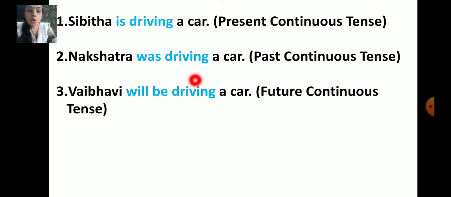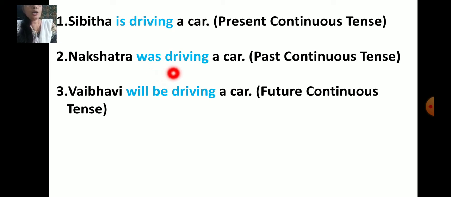Nakshatra was driving a car. Here the word was. What does it indicate? Yes, very good. It indicates past tense.